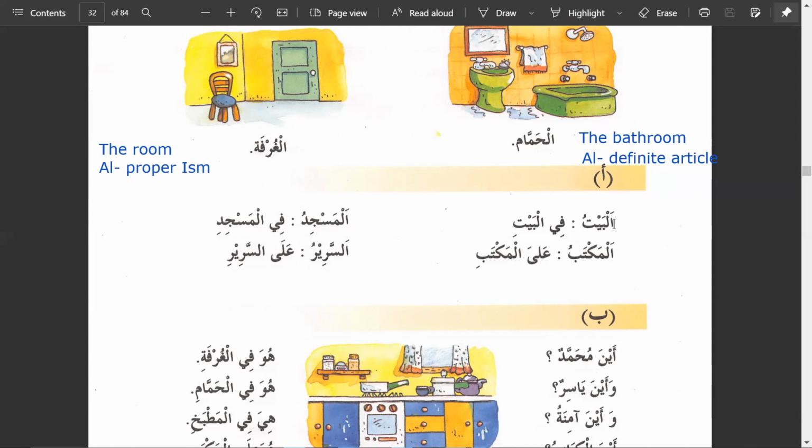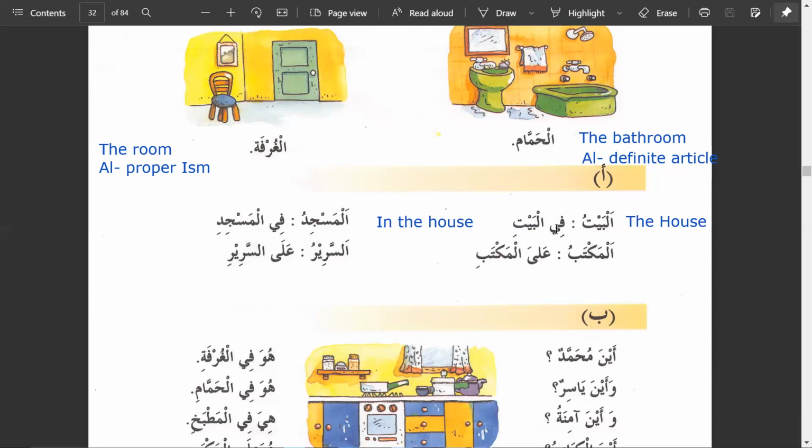Okay. So al-baytu is the house. Very good. Fil baiti. Fi means in. In the house. So far we haven't learned this word.